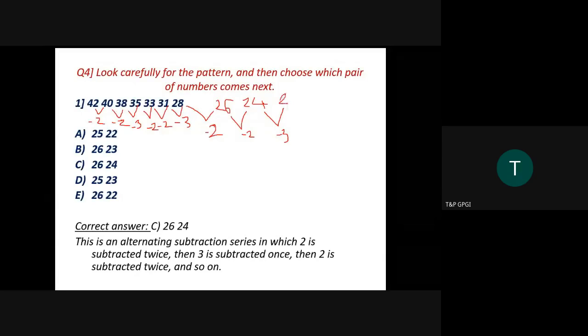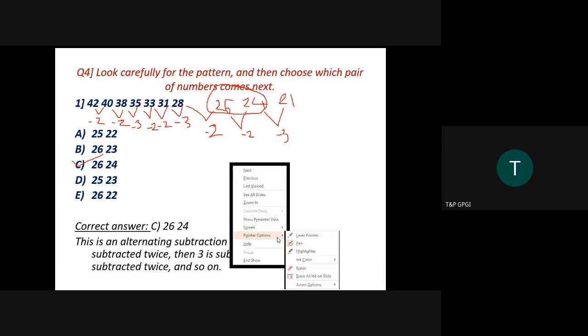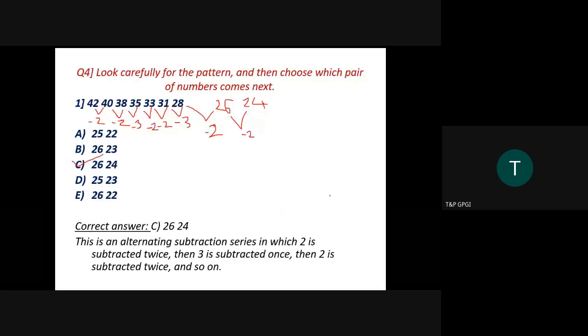I need this as my answer. That means C is the correct answer. Understood? Still here? Okay. So these were some easy questions that we were doing.